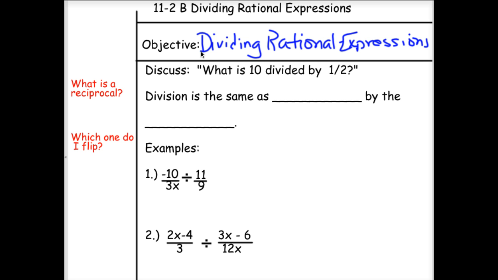All right, we've been looking at multiplying rational expressions, and you'll notice that division is very similar. If I asked you what is 10 divided by 1/2, in our notation we'd say 10 divided by the fraction 1/2, and instead of dividing by a fraction, we often convert that. We can say division is the same as multiplying by the reciprocal.